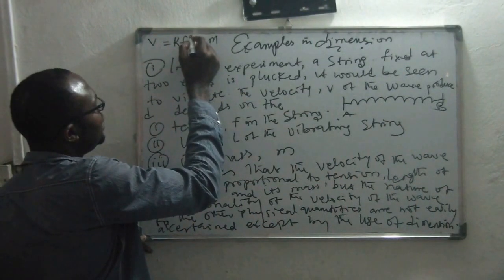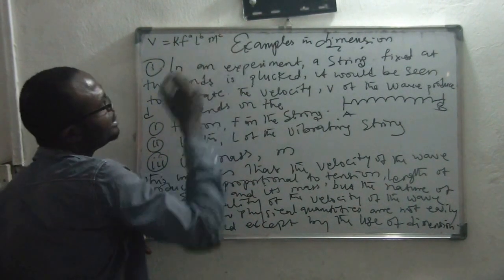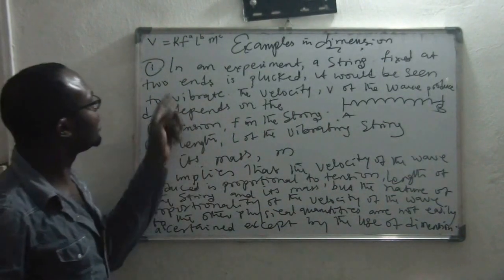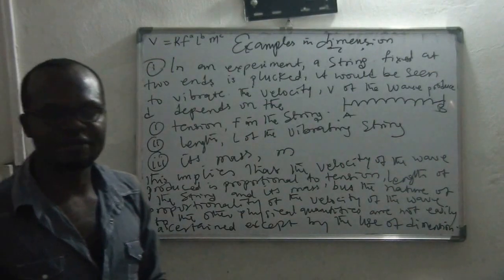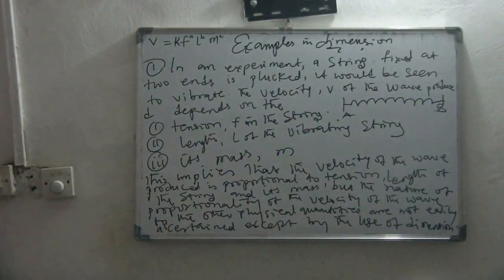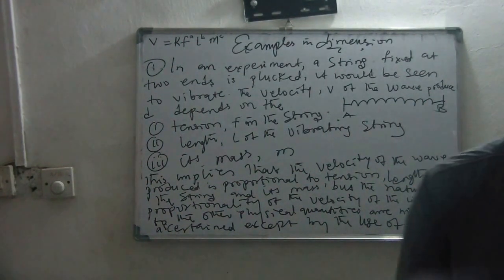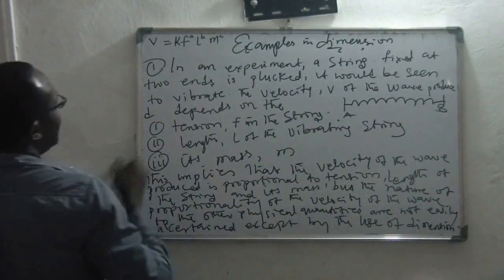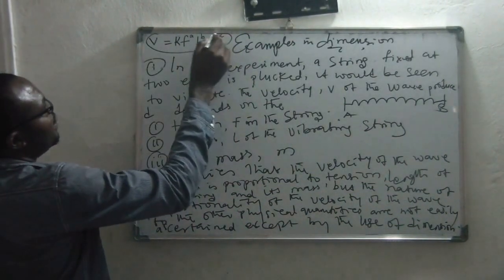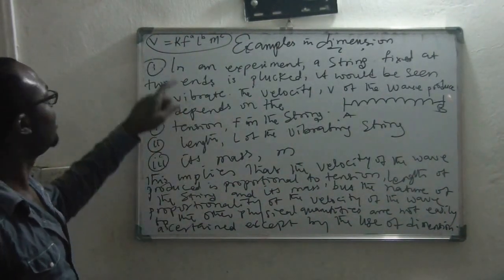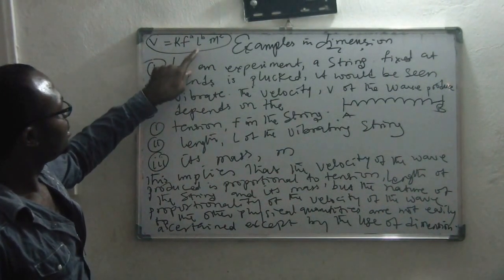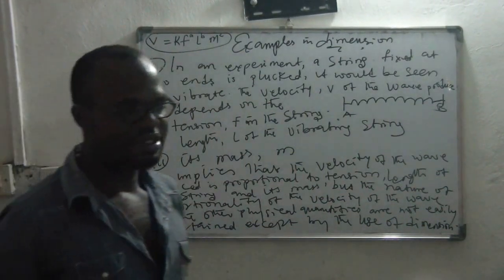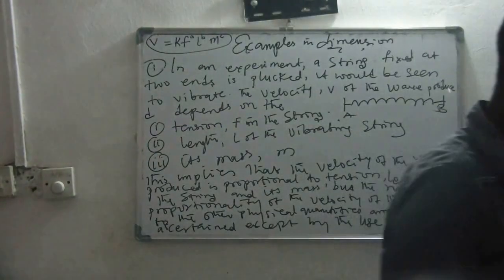So here you can put A, B, C as powers, so that when you use dimension and solve, you see the actual values of A, B and C. Is that clear? So we are going to use dimension to solve this, to see the actual relationship between the velocity, the tension, the length and the mass.